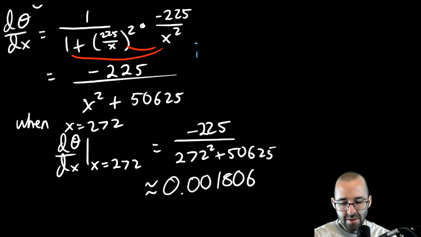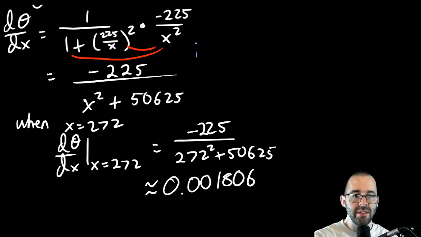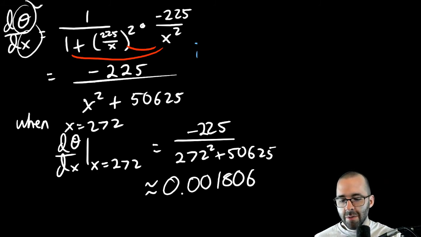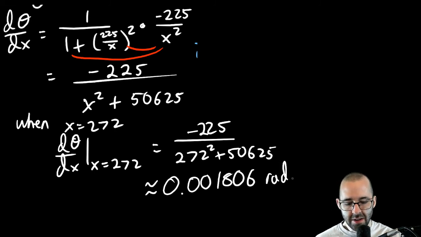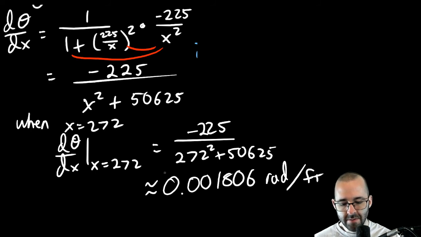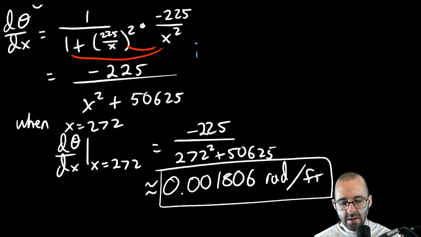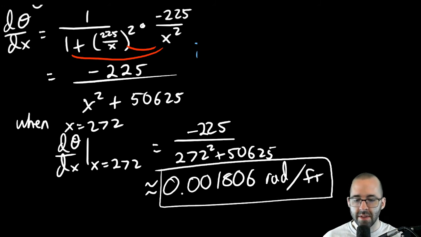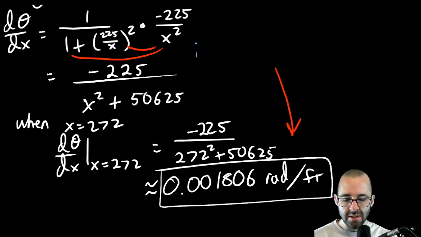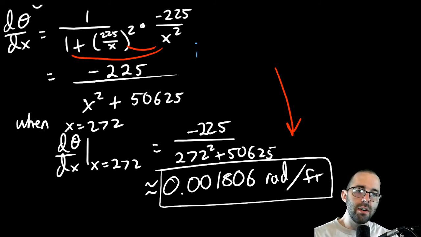What are our units here? It's a derivative, and a derivative is a rate. The units are going to be the units of theta divided by the units of x. Units of theta, it didn't really specify, but it's radians. Units of x is feet. It's going to be a little easier to interpret this if we convert it to degrees per foot.